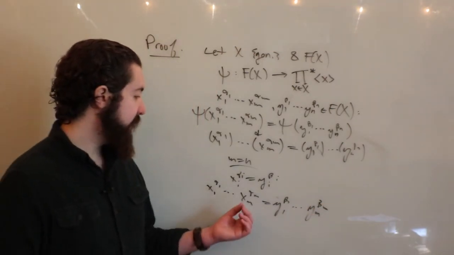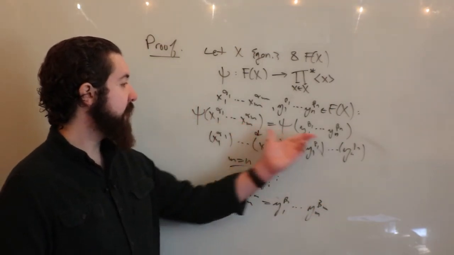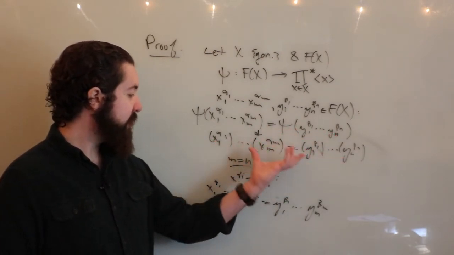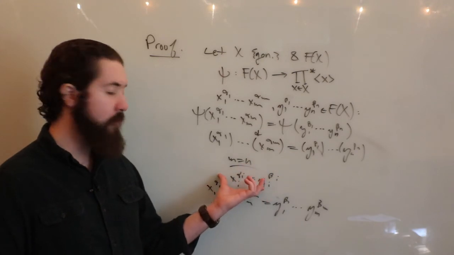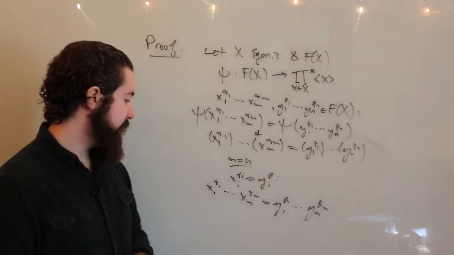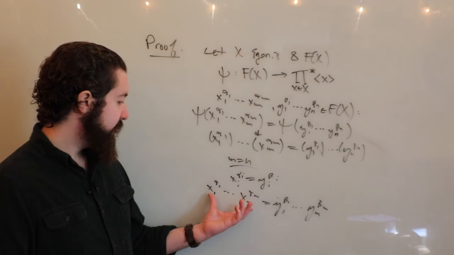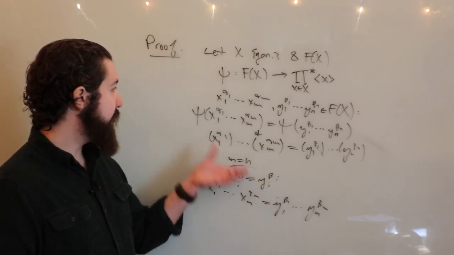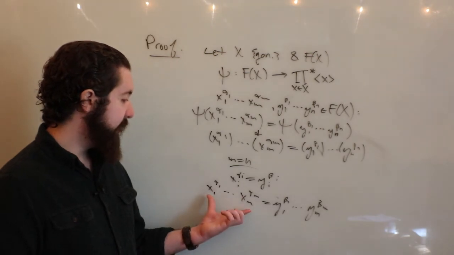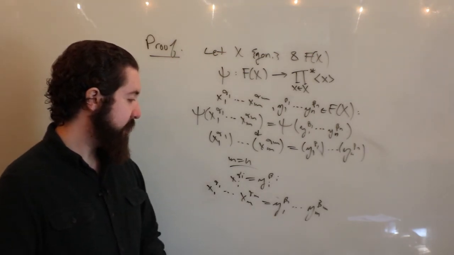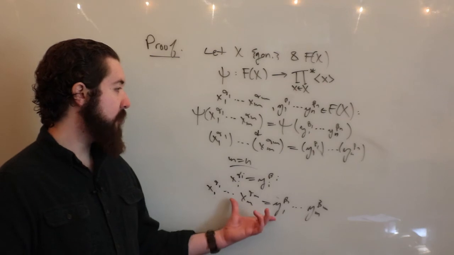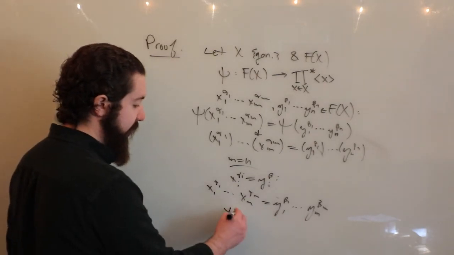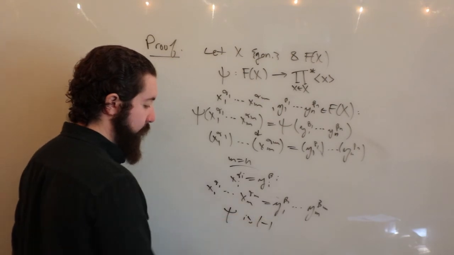Because their images are equal, we get that these two are equal. But because they're both reduced, we have to have pairwise equality. That's the only way if they're reduced. And then that means that because of this pairwise equality, back in F of X in our free group, these reduced words on x are also equal. And these were our original inputs. So we do get injectivity, right? Psi is one to one.